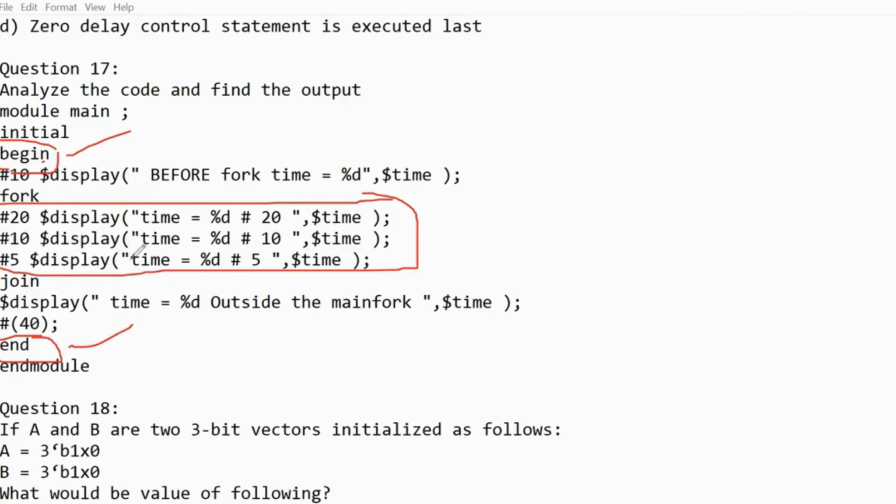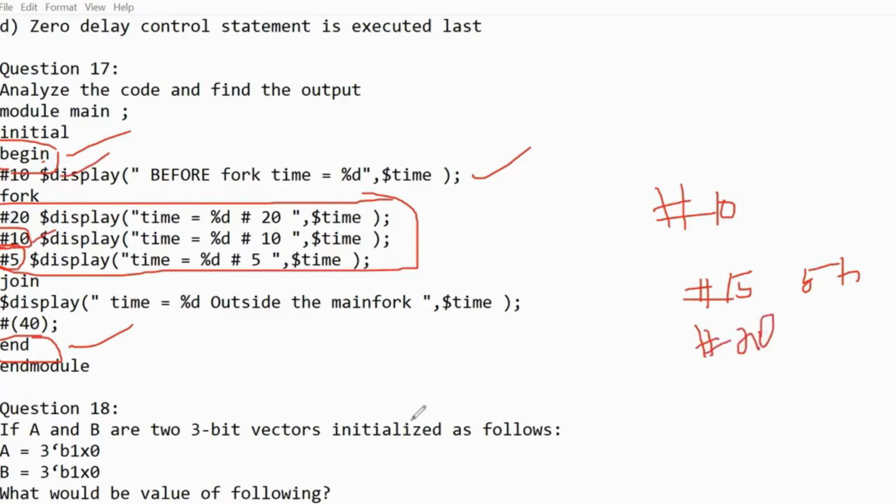First #10, the statement before the fork. Then at 15, #5 plus #10, 15, at 15 time units the 5 delay statement will be executed. Then at 20, the middle display, since 10 plus 10 is 20 time units.